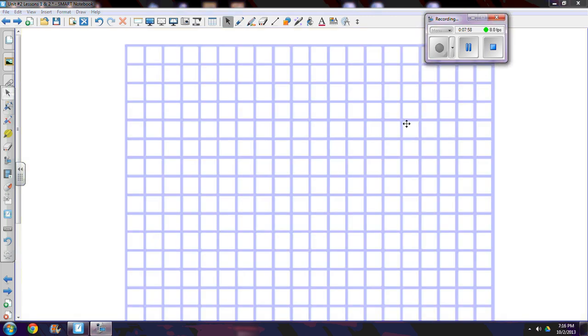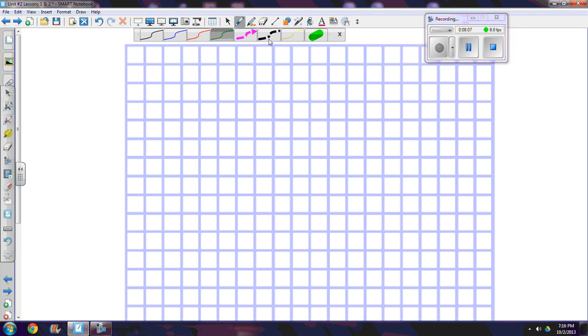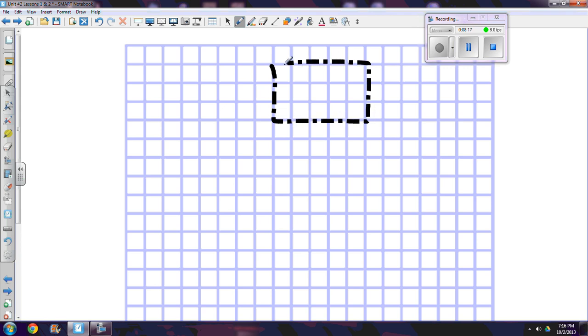Let's just take a look at how this would look on grid paper. You don't have to copy this down, just pay attention at this part here. That's my rectangle.